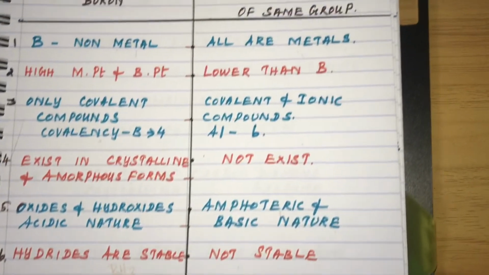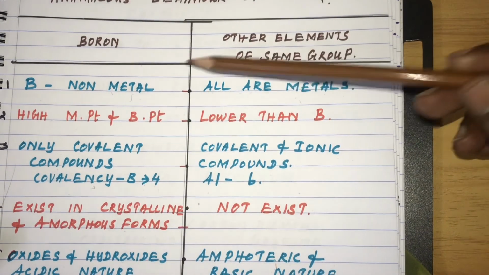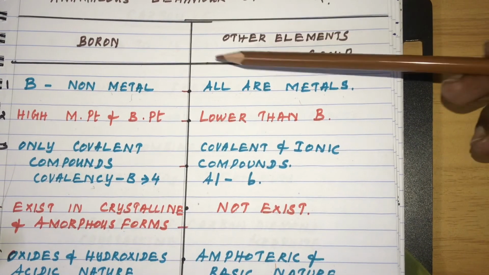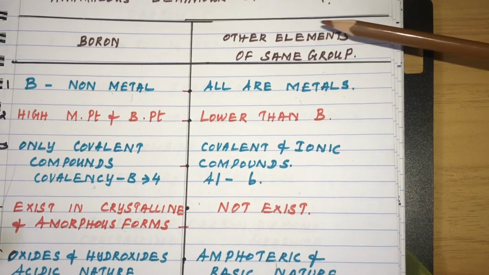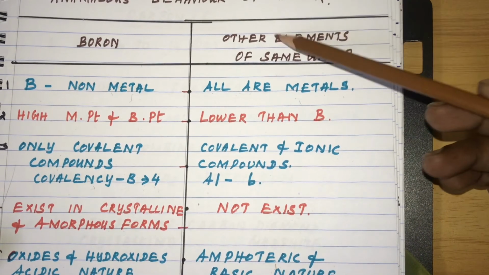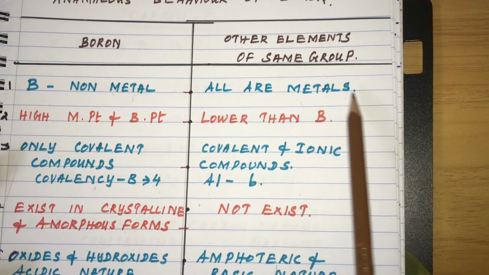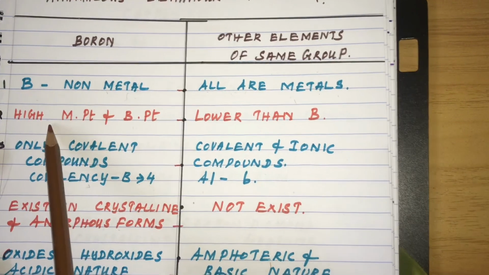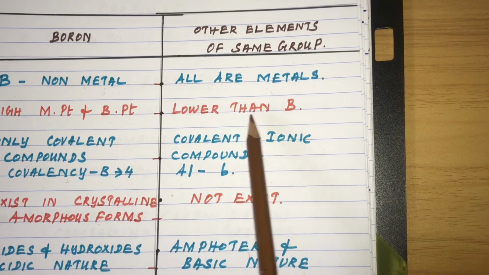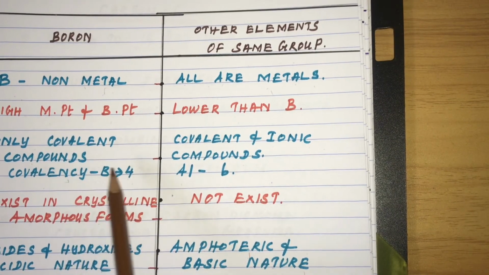Now again we are going to see how the properties of boron differ from the other elements of the same group. Boron is a non-metal, all others are metals. Boron possesses a high melting and boiling point, while the others are lower. Boron forms only covalent compounds of valency 4.